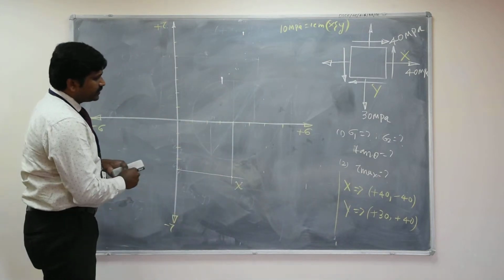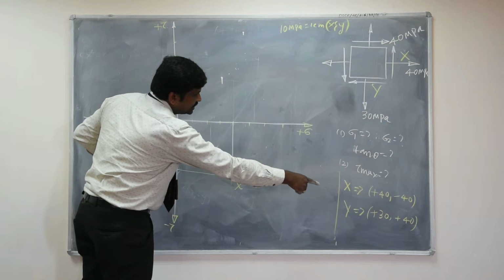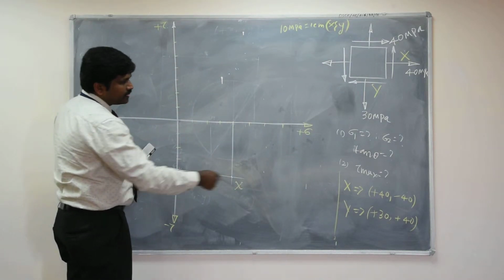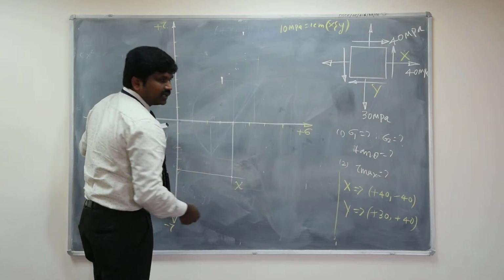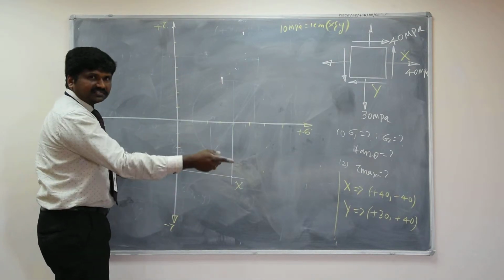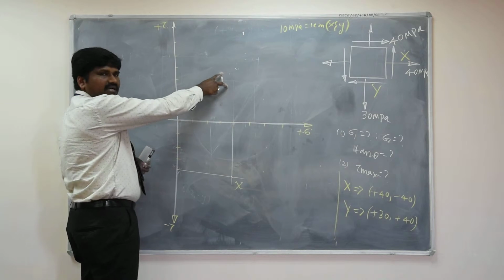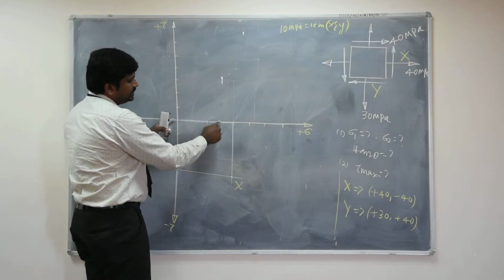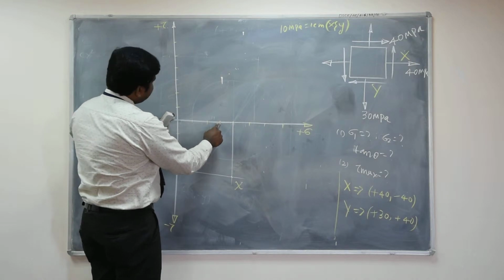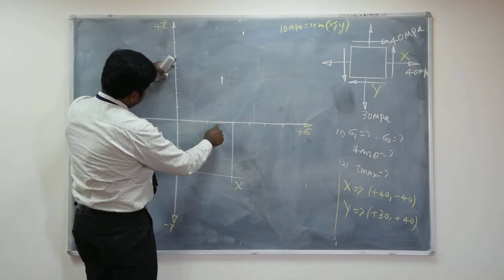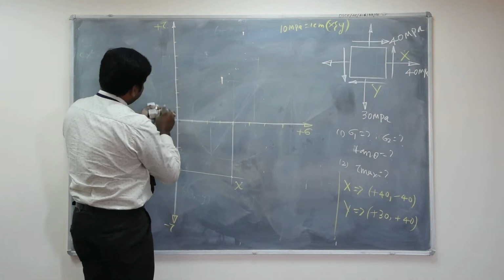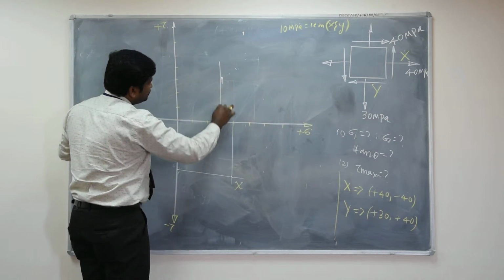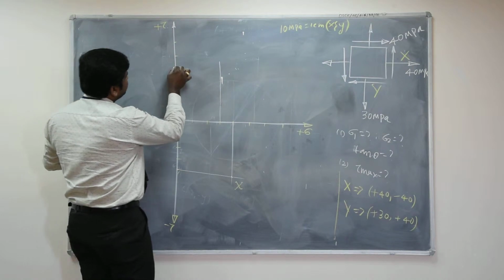Now you have to locate point y. How do you locate point y? 30 units along the x direction and 40 units along the y direction. Both are positive, which means that it will come in the first quadrant. So x is 30: 10, 20, 30, and y is 40: 10, 20, 30, 40.